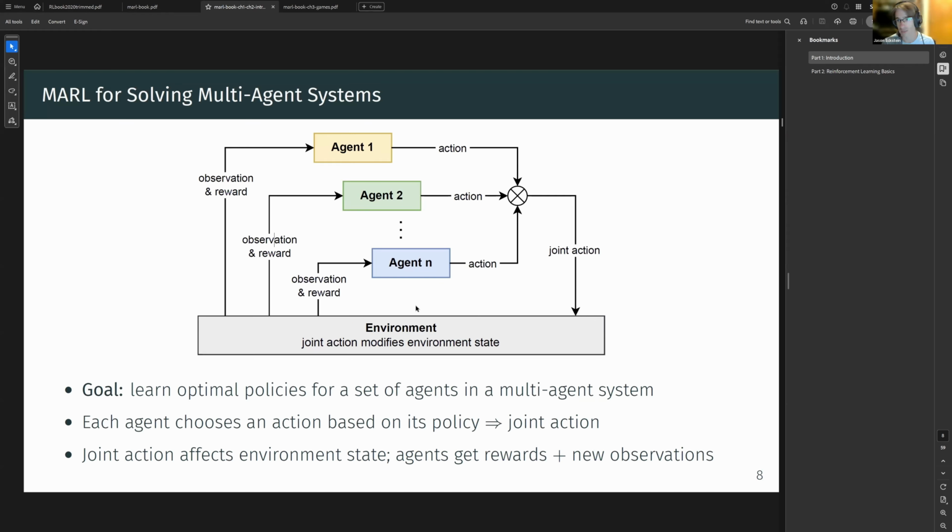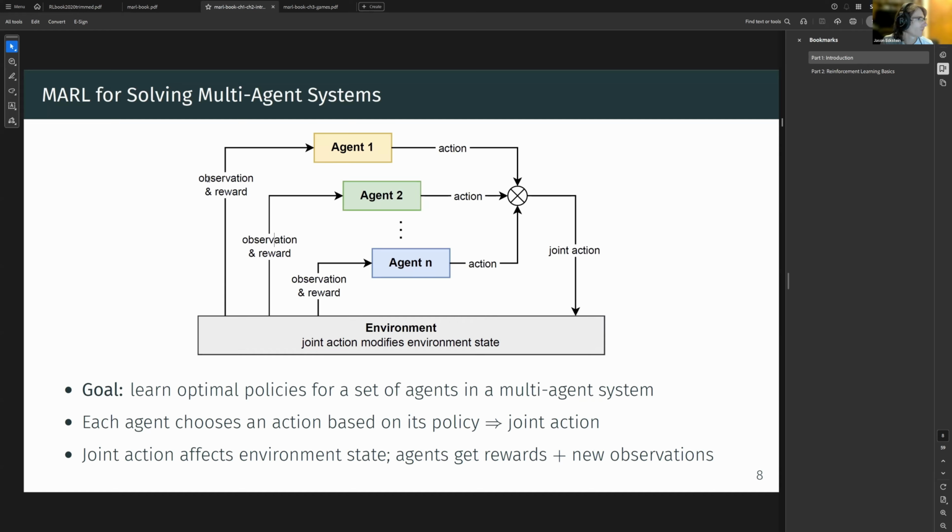The way these environments are defined, the environment can only advance a step once it sees the action of all of the agents that are present. We'll see this joint action notation come up a lot later. And then the new environment state would be updated.